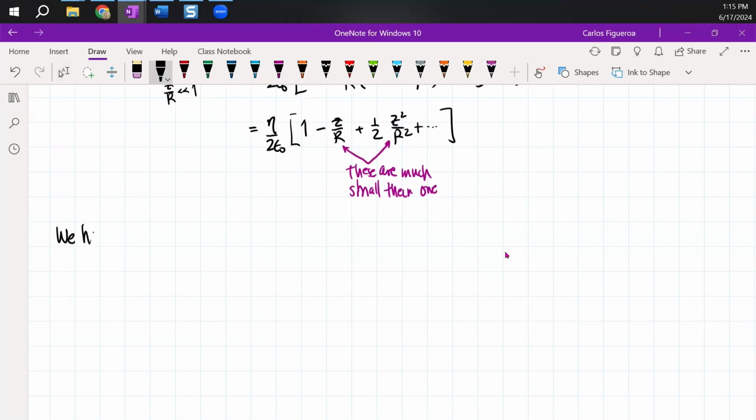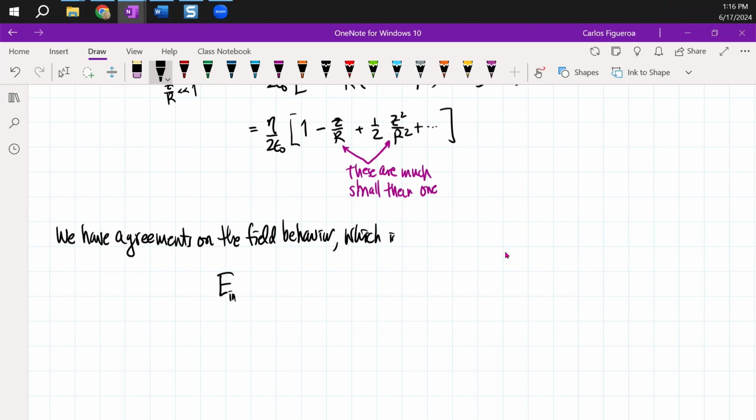We have agreement on the field behavior, which is that the infinite disk is then going to be eta over 2 epsilon, which will be equal to a constant.